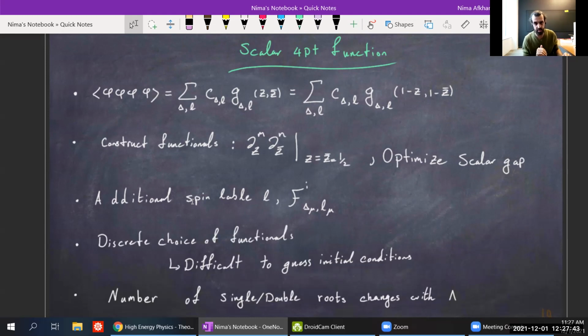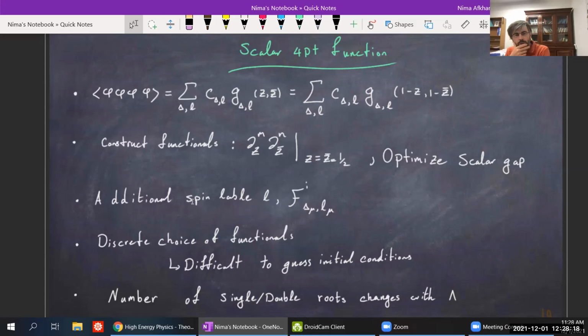It's not as simple a problem as the spinless modular bootstrap. So we need some new way of generating initial conditions for the nonlinear equations we're trying to solve. And on top of that, the number of single and double roots changes with changing lambda, the dimension of my functional space. So in general, it's a more difficult problem if your goal in life was to try and go to some large dimension of functional space. But there's other things that we can do, which I think are useful.